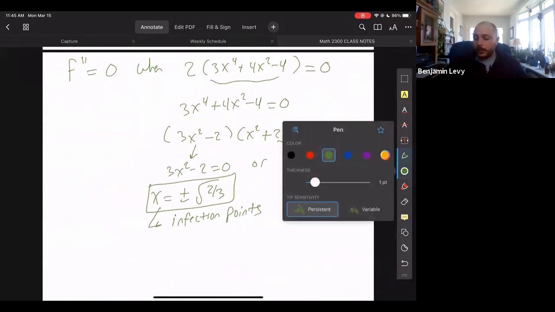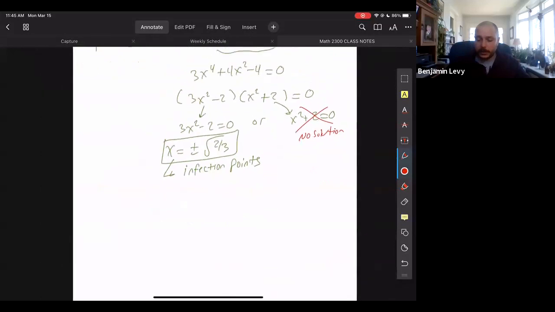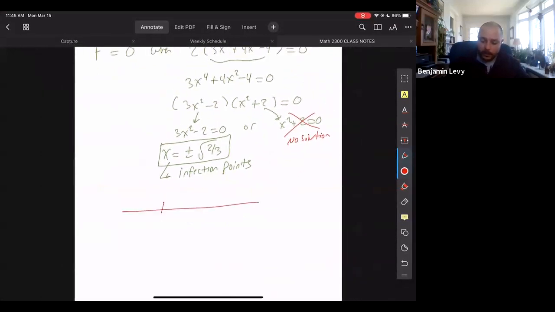So we could create a table at those 2 points and figure out exactly what we just saw in the picture, right? So we just found these 2 being the inflection points. And so we could test a point to the left and to the right, for example, -1, 0, and 1, right? We could test these in the second derivative to tell us concavity.